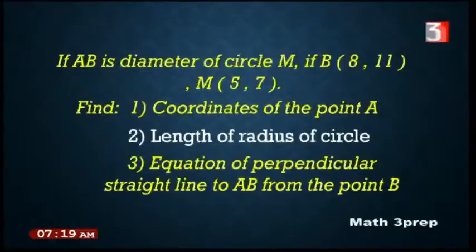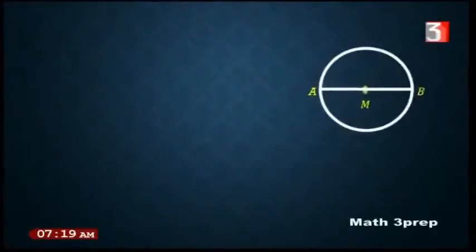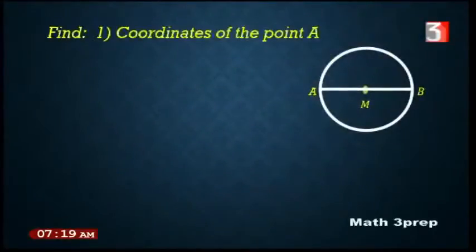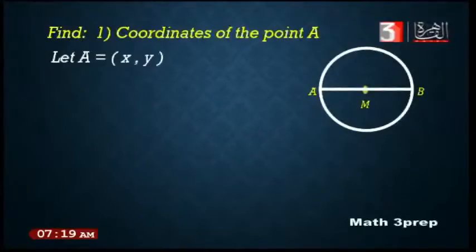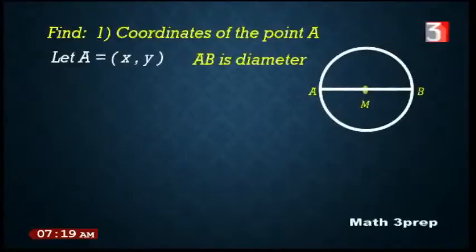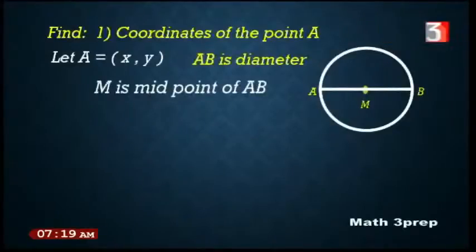First of all, what about A? We are going first to let the point A equal (x, y). Then, what about the point M? M is the center of the circle, so it is the midpoint of the line segment AB. In this case, as AB is a diameter, M is the midpoint of AB.